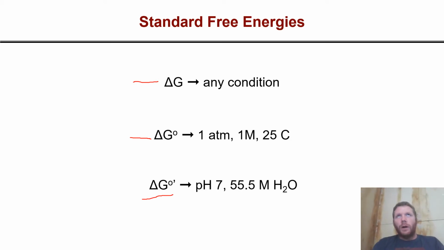That is where the pH of the environment in which the reaction is taking place is 7, and the concentration of water is 55 molar, or 55.5 molar. So those are two qualifiers for delta G naught prime, which may result in delta G values that are not necessarily the same.